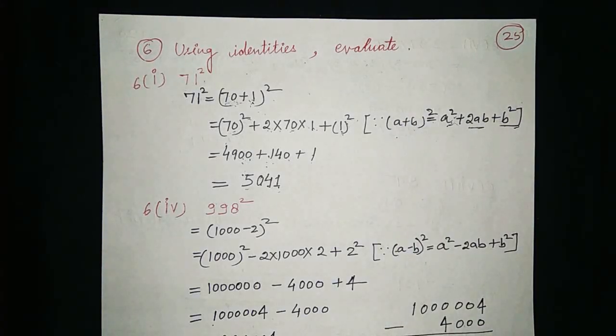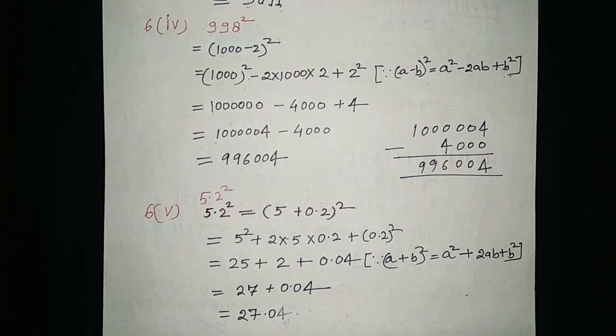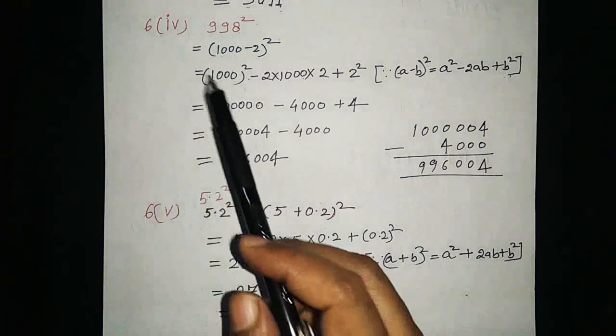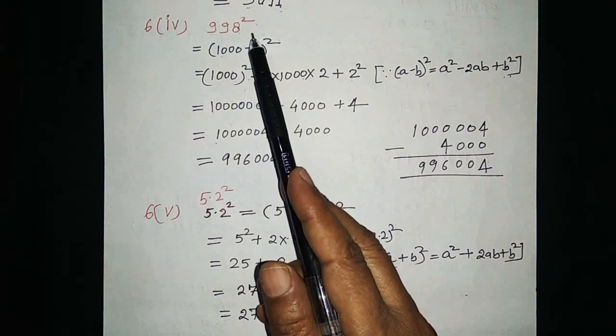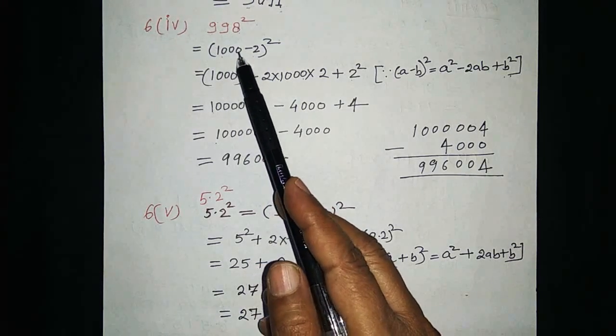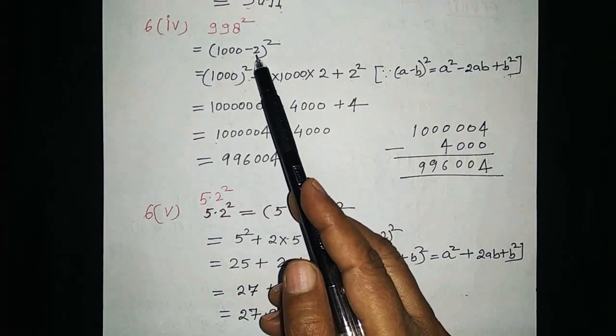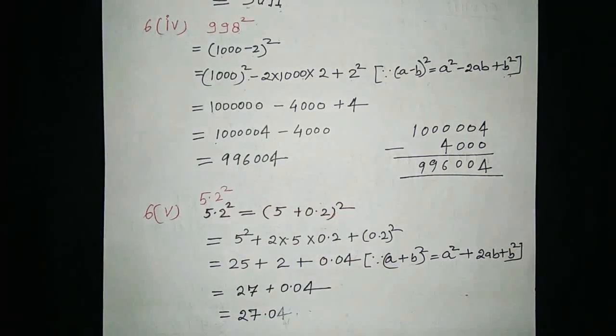Okay. Now see the fourth part of question number 6. Now fourth part of question 6 is 998 square. For 998 we can write 1000 minus 2, because if you subtract 2 from 1000 you will get 998.